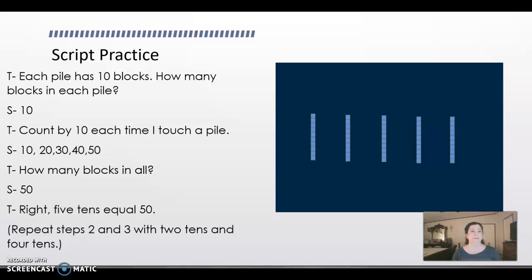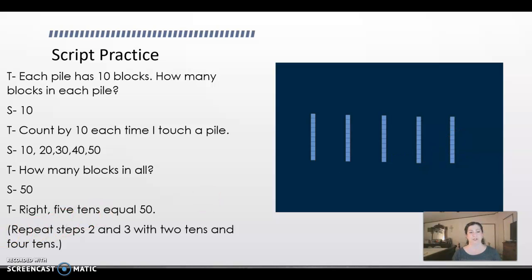For this one, I put the T here for teacher, and I would say, each pile has 10 blocks. How many blocks in each pile? And then the students would respond, 10. Then the teacher again would say, count each 10 each time I touch a pile. And so the students would go 10, 20, 30, 40, 50.